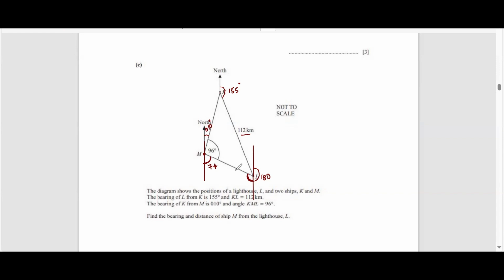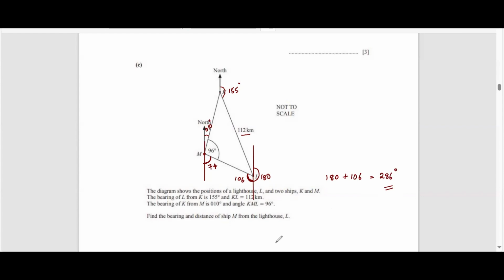They should add up to give you 180. So this will be 180 minus 74, which is 106. So now we have the bearing of M from L, that is 180 plus 106, that is 286 degrees.